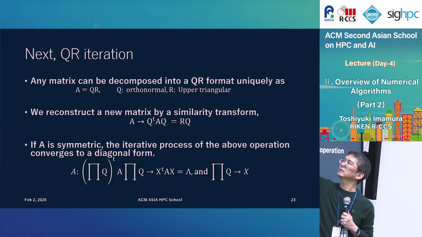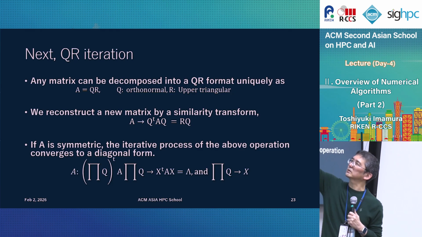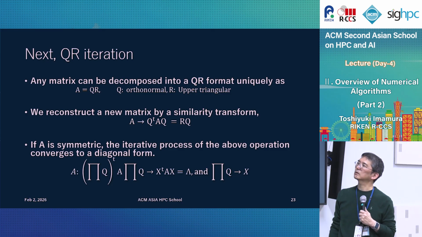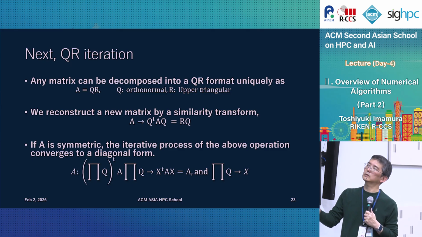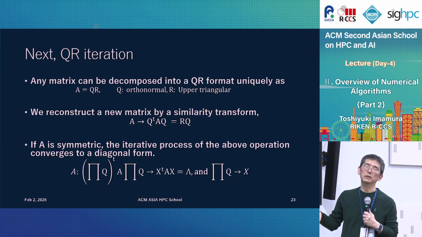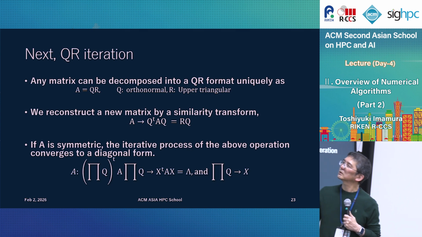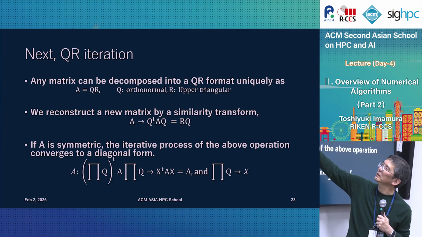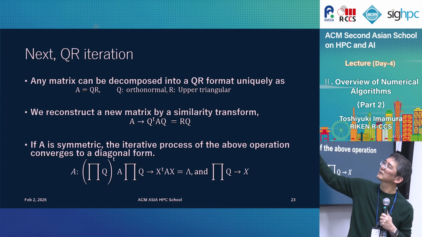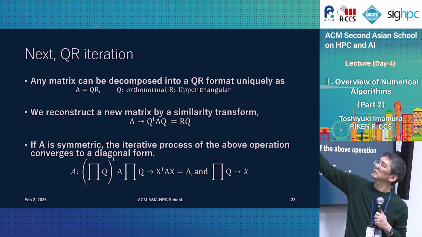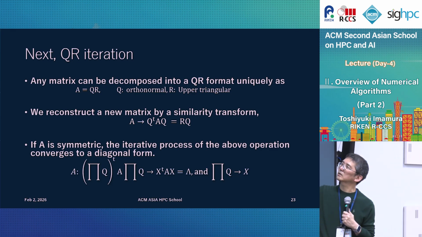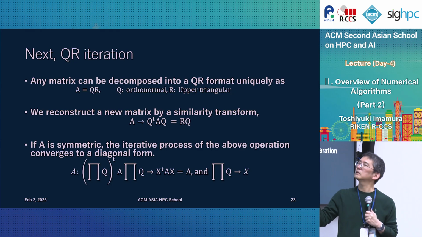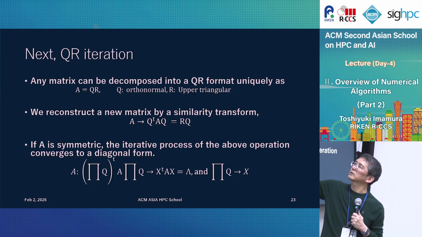From the left, we should transpose the orthonormal matrix Q. So we update the original matrix A as Q transpose A Q. But now A equals QR, so we substitute QR for A, and since Q is an orthonormal matrix, Q transpose Q is always the identity. So this is equivalent to RQ.